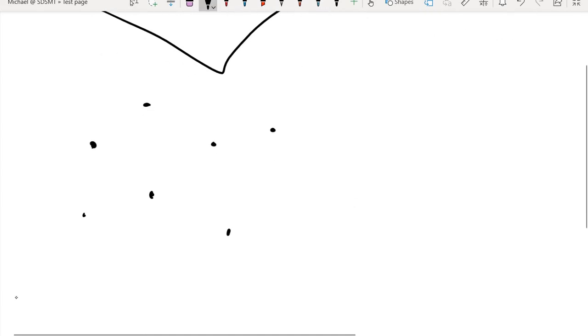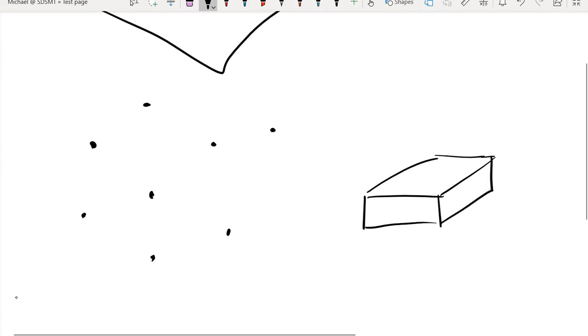This could be a system of two masses. It could be tens of thousands of particles, or it could be a system that is made up of a solid, but that solid material is in turn made up of individual particles.